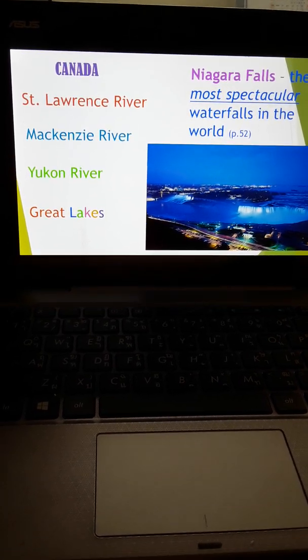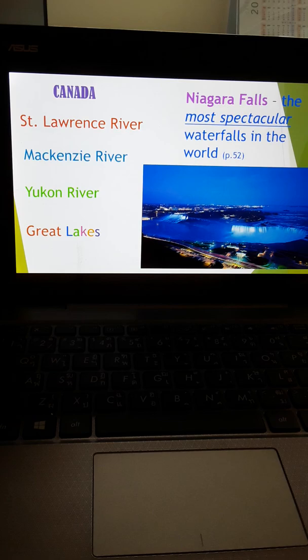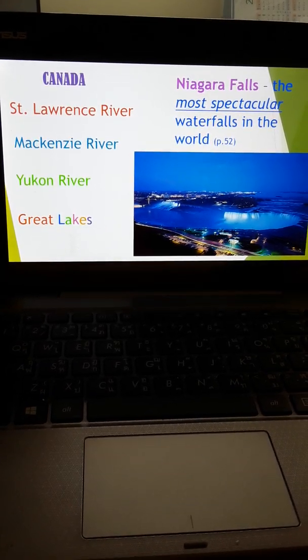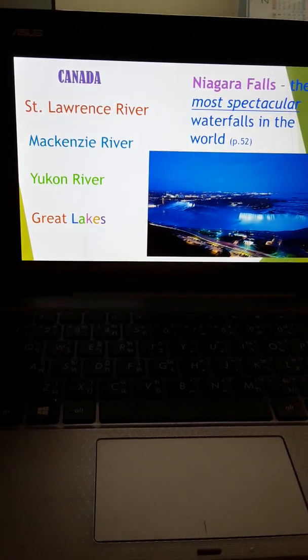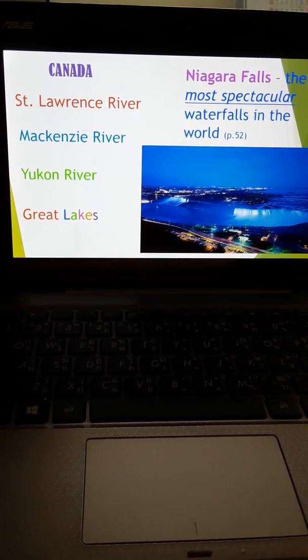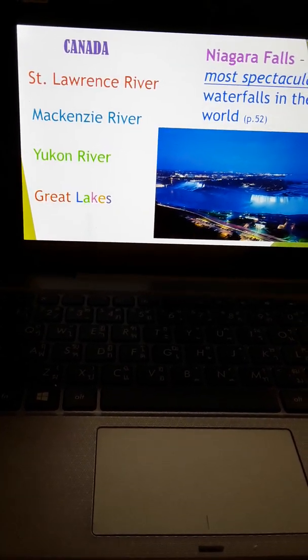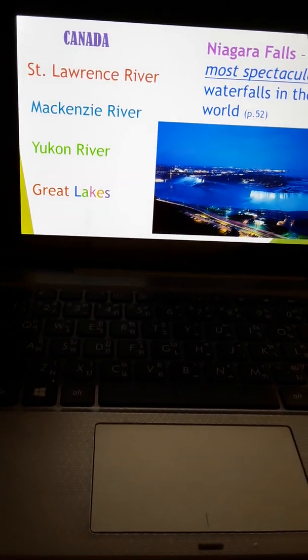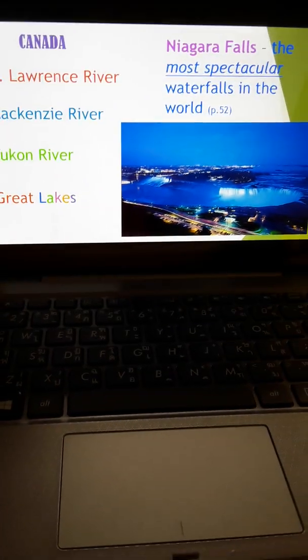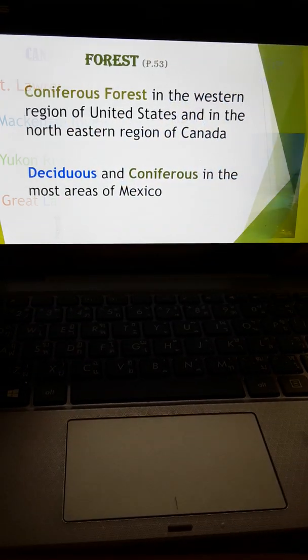Canada has the Niagara Falls. Actually, Niagara Falls is between USA and Canada. In Canada, there are still rivers, which are the St. Lawrence River, Mackenzie River, Yukon River in Alaska, and of course the Great Lakes, which are between USA and Canada.